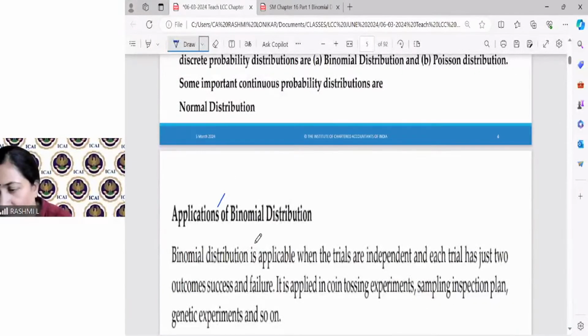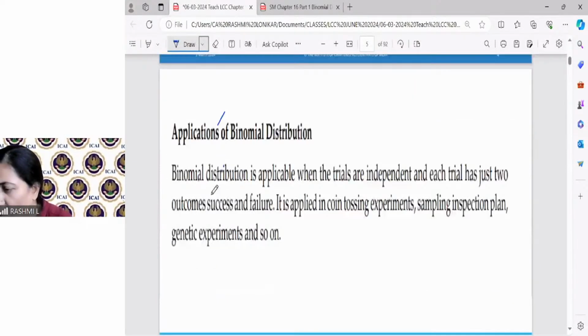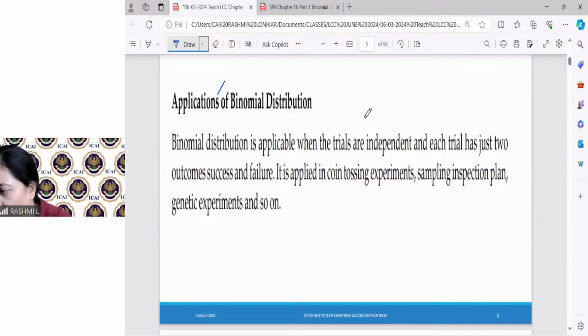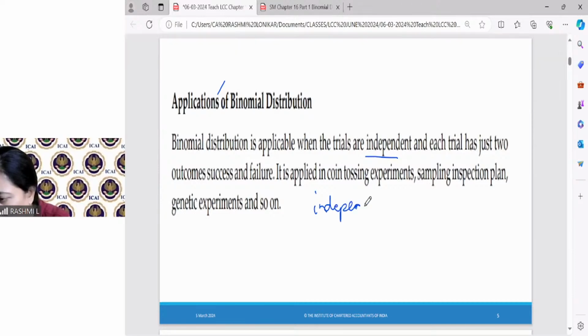Then we talked about the application of binomials, where the trials are independent. The first important thing for binomial is that the trials are independent, then they have only two outcomes, success or failure. So you will use it for tossing experiments, sampling, genetic experiments, and so on.